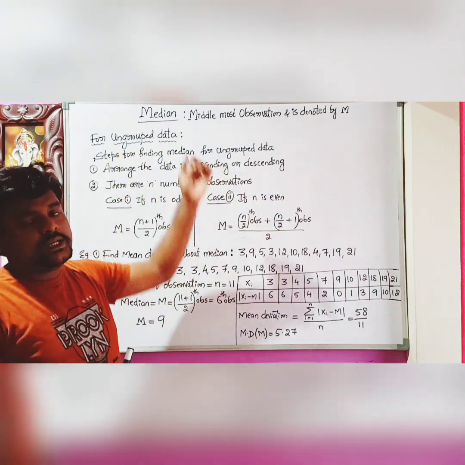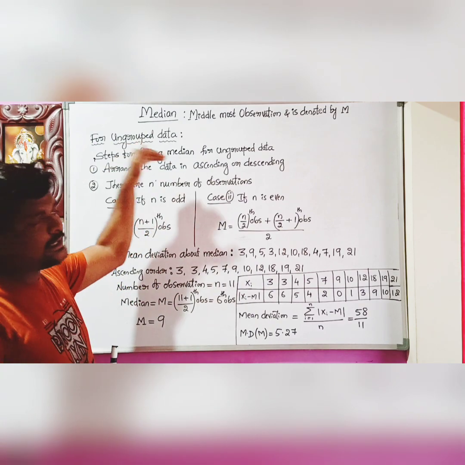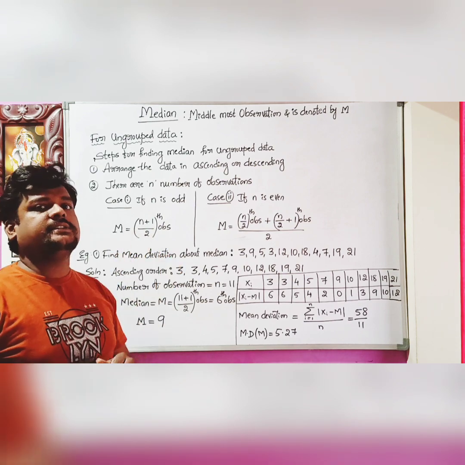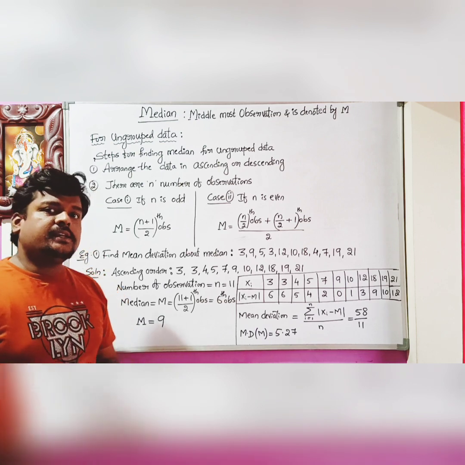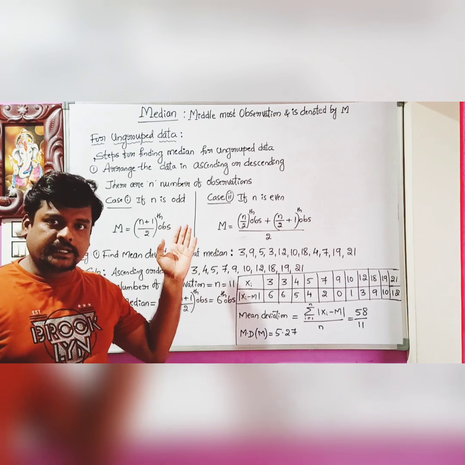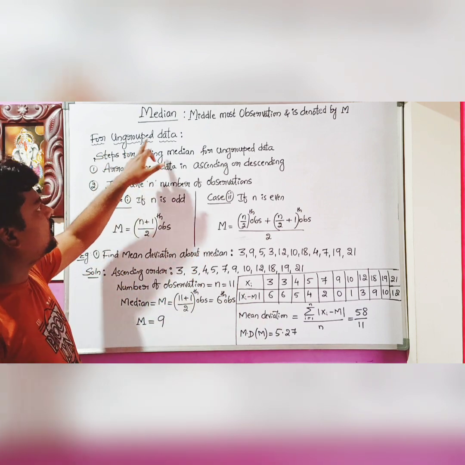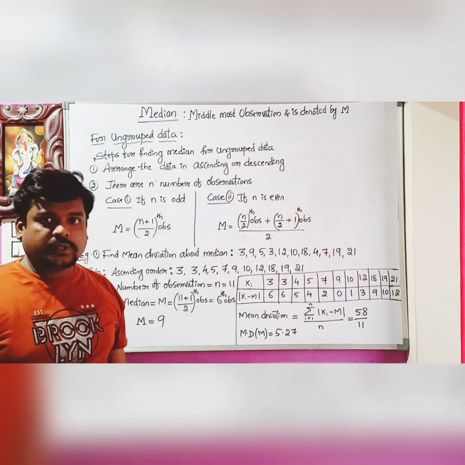How to find the median for ungrouped data? There are two steps I gave. The first step is to arrange the data in ascending or descending order. These are the steps for finding the median for ungrouped data.